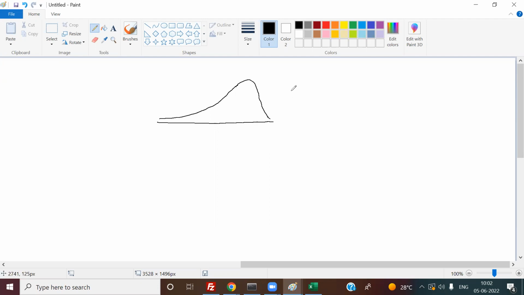See, according to me, one very good example. So your example is also right. I can say, let's say, marks scored in an easy exam. See, would it be like this? Marks scored in a very easy exam. So let's say this is 0, this is 100.